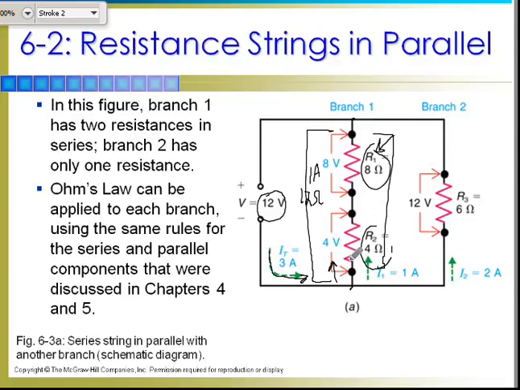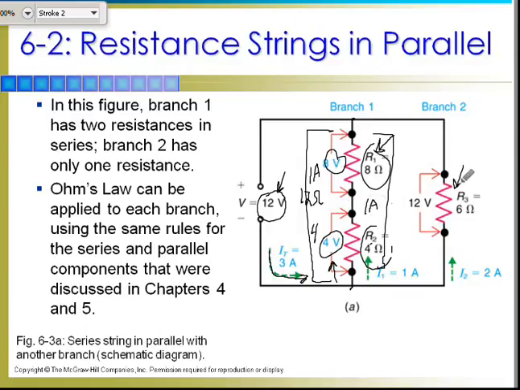If there's 1 amp of current flowing through this branch, at 4 ohms, I'm going to have 4 volts. At 8 ohms, I'm going to have 8 volts. That shows across this branch, I've got 12 volts. So that adds up. And I'm going to have 1 amp of current, as I said.